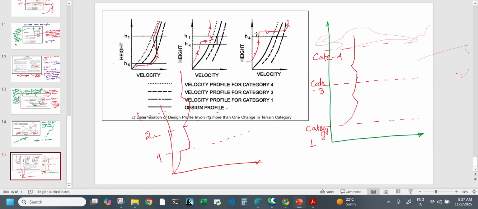So these are the variations of the wind profile depending upon the terrain category. So we will continue to the next part.